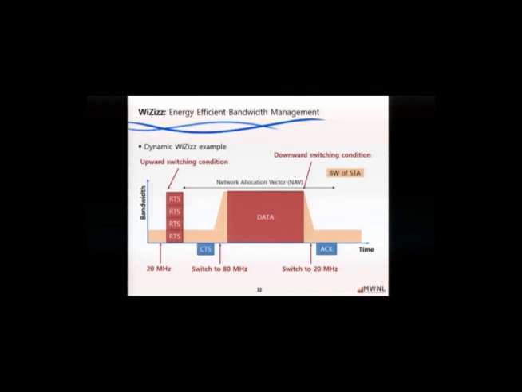And again, as I said, depending on the bandwidth, the power consumption, even for channel sensing, can be heavily different. And with WiZizz, basically, data transmission and reception can be with 160 megahertz. But for idle channel sensing, what about using just 20 megahertz? So that energy consumption can be reduced during this idle mode.